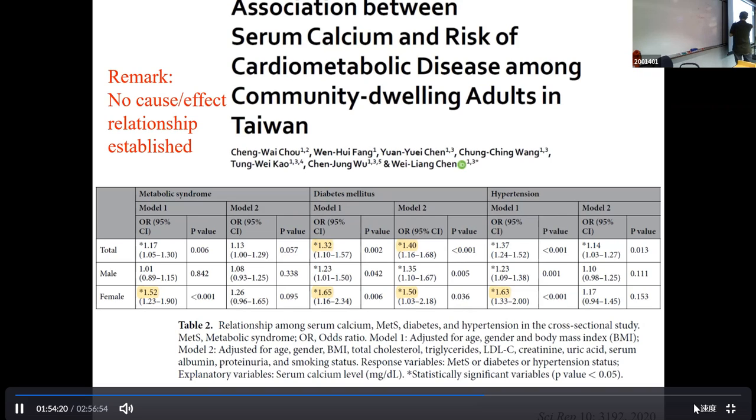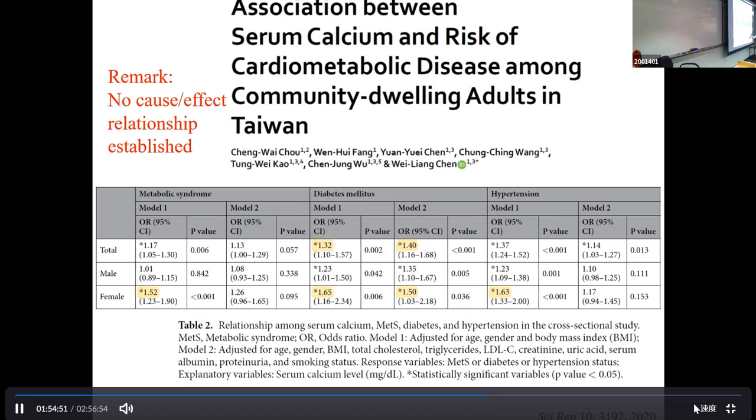So people with metabolic syndrome, diabetes, hypertension. What you see is, in general, the significant results are more significant in females. And the previous study is also on females. Okay, so metabolic syndrome here, diabetes here, whether you are using statistical model 1 or 2.